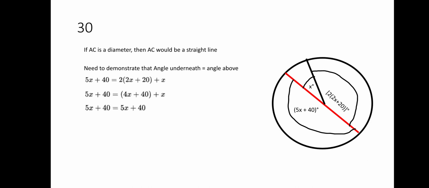If we simplify the right hand side, that would give you 4x plus 40 plus the x. And then when we simplify that further, the right hand side becomes 5x plus 40, which is identical to the 5x plus 40 on the left hand side. And we already discussed that 5x plus 40 on the left hand side is the angle underneath AC. So because these two sides are equal, we can conclude that AC is the diameter of the circle.